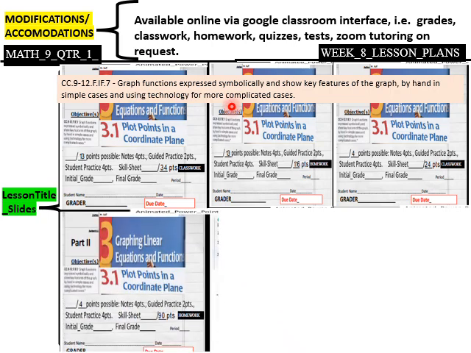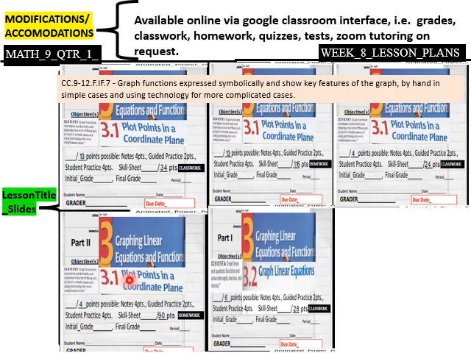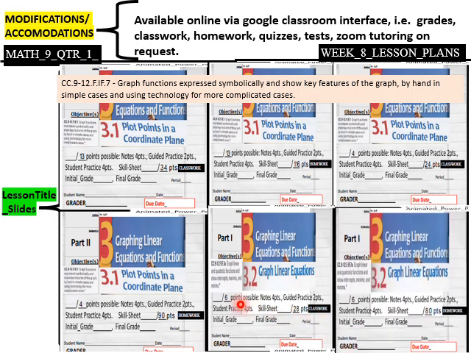And then we go into part 2 here, 3.1 homework part 2, 90 points, 4 points of note-taking for part 2 homework. And let me go into 3.2 here, part 1 classwork, 28 points, 6 points of note-taking.